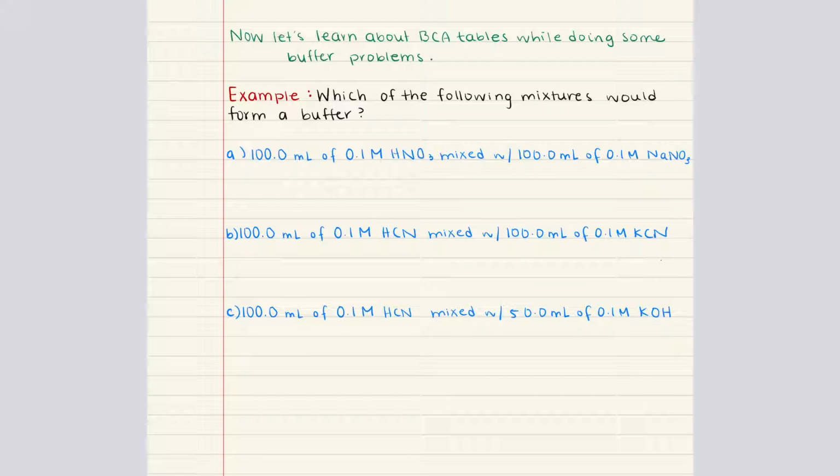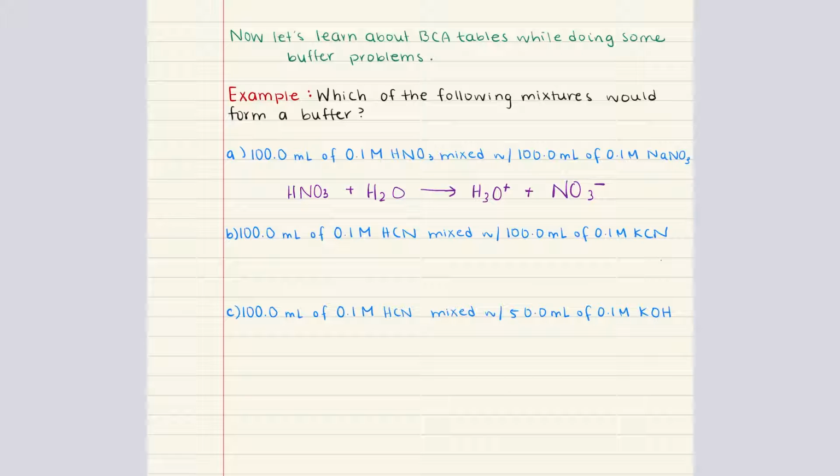Therefore, to determine if this mixture will form a buffer, we have to consider all of the species present in solution. Remember that nitric acid is a strong acid, and when a strong acid ionizes in an aqueous solution, it completely dissociates. For this reaction, it's going to dissociate into hydronium ions and nitrate ions.